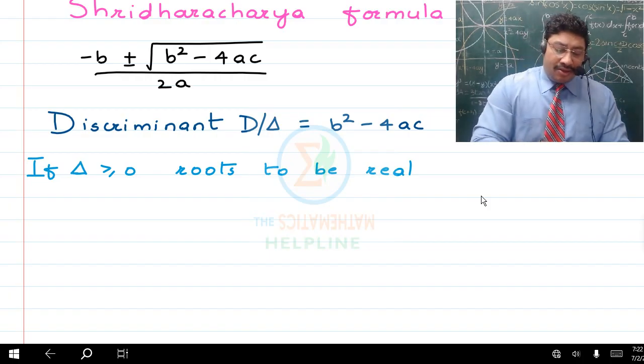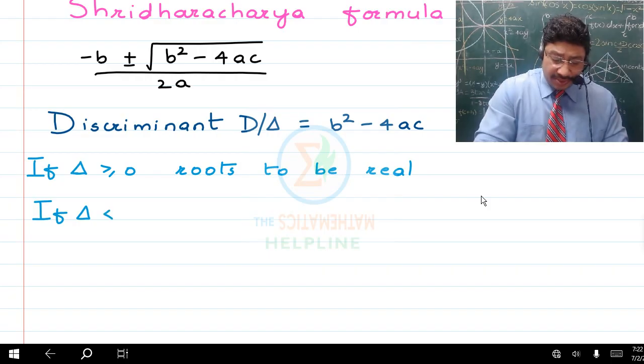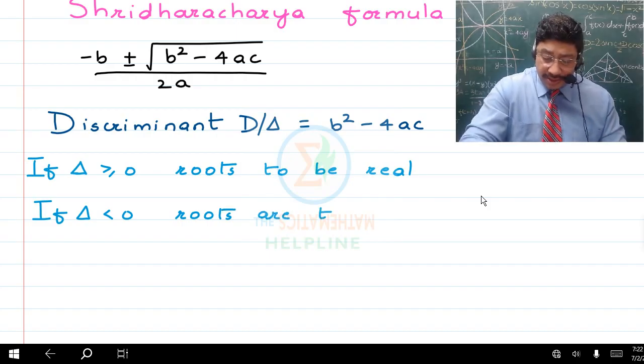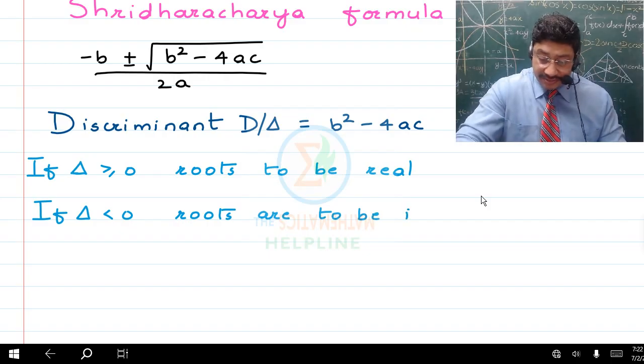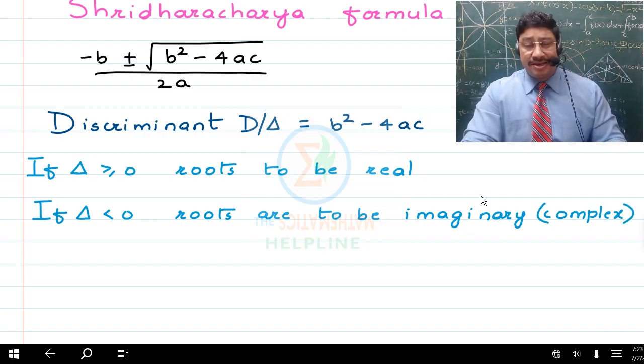Now after this we have another case: if delta is less than 0, then we can say for sure that the roots are imaginary, right? Another word for imaginary roots is also complex. Complex is a better terminology, because in higher standards you'll get to study complex numbers, which is a complete group of numbers.